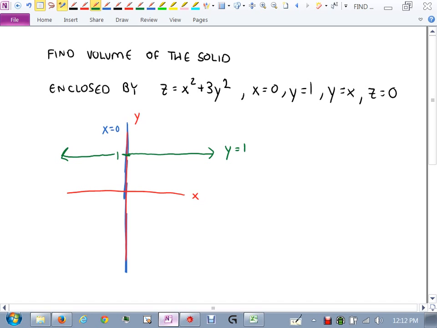And y equals x, the diagonal. And z equals 0, that's the ground, but I can't account for that here. It's what I'm looking at. It's the ground. Do you see the region that's enclosed?